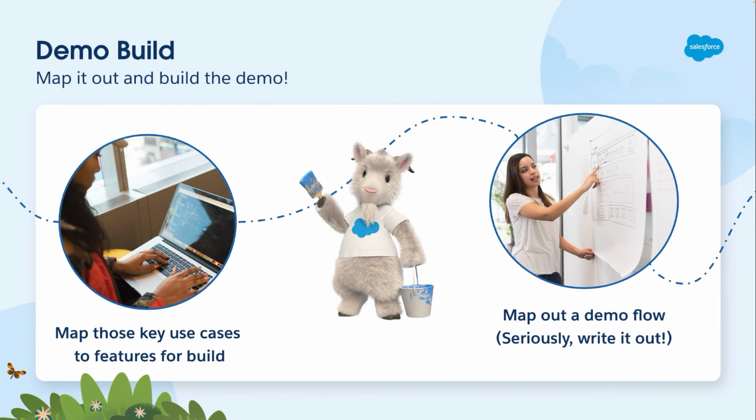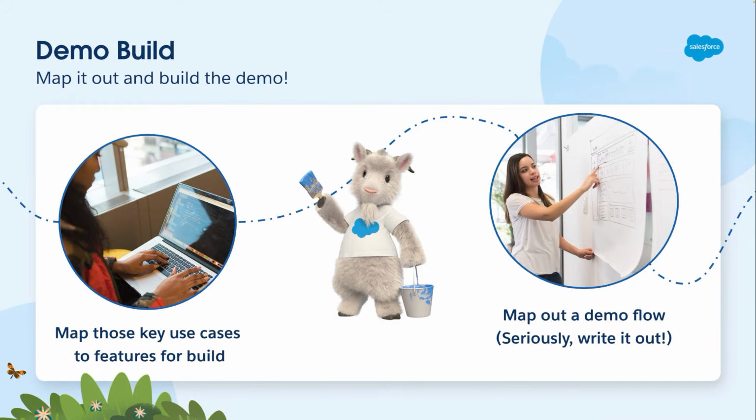And then from there, right, we really want to map out the demo flow. And this is where you bring in that storyline you're looking to tell, right? How am I going to navigate through the solution and tell that story at the same time? And I cannot say this enough. Seriously, you're going to want to write it out. It's not enough to simply put it on a mural board or digitally.